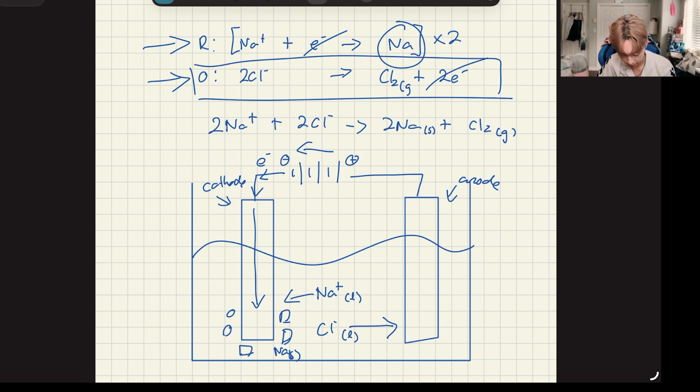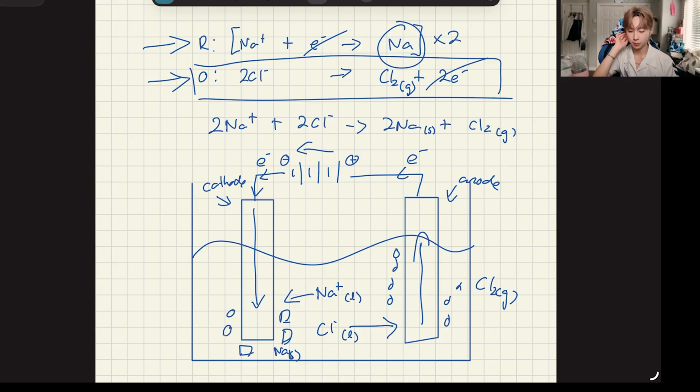This is chlorine gas. So it's going to deliver 2 electrons. Electrons move up and back towards the battery to complete the circuit. And then our liquid chlorine ions are going to turn into chlorine gas, which would bubble up.